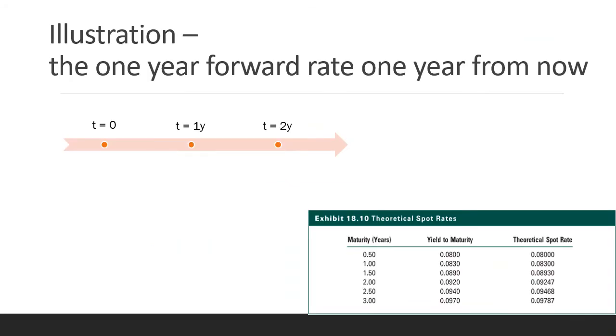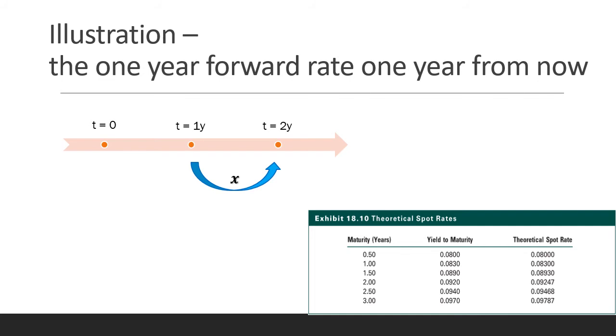Here, we would like to estimate the 1-year forward rate 1 year from now. It's really important to know first what that means. It refers to the market expectation of the 1-year rate in 1 year's time.